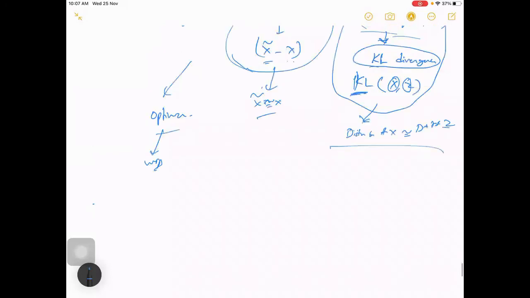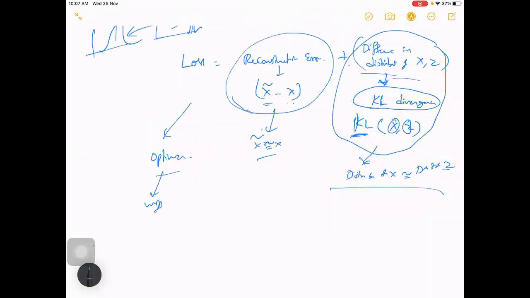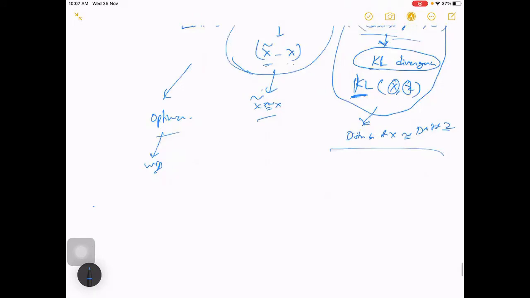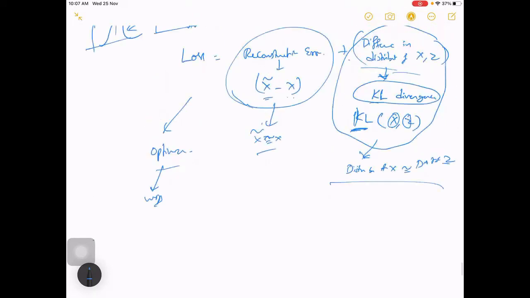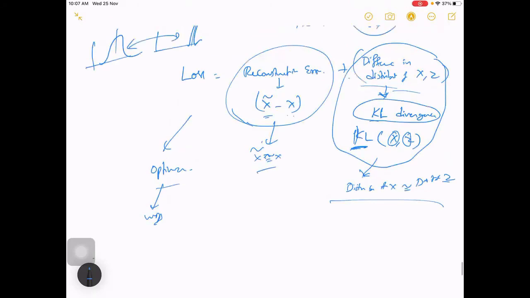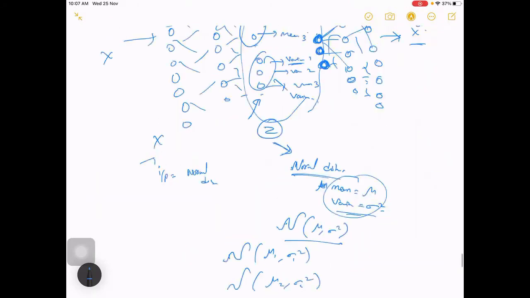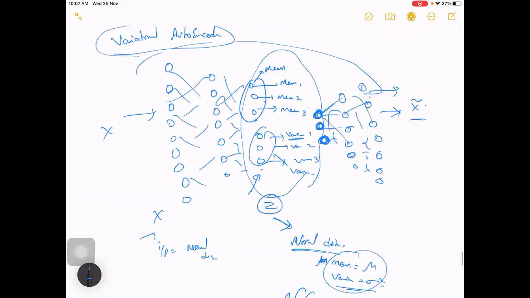We have calculated the loss here using reconstruction error and KL divergence, right? While taking the loss and doing optimization using backpropagation, we may face a difficulty here, because we are calculating this z, the latent vector, using a random sample between your mean and variance, right?